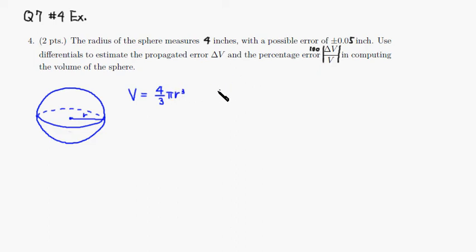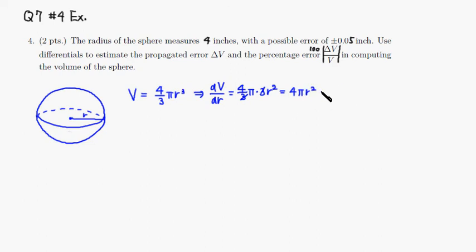First, we need to find the differentials. I'm going to go ahead and take the derivative. So the derivative would be dV over dr, taking a derivative with respect to r. The constant 4/3 pi is just a number. Then we take the derivative of r cubed, so 3 in front, and subtract 1 from the power, r squared. Then the 3 on top and the 3 on the bottom cancel out, so you get simply 4 pi r squared.